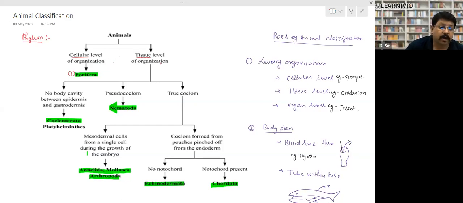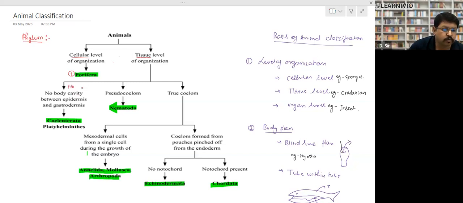Now the tissue level. Out of the tissue level, bodies are further divided by coelom. I will tell you what a coelom is. We divide into three categories. Coelenterata, where there is no body cavity between epidermis and gastrodermis, so there is no coelom.